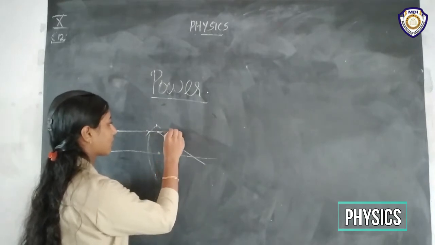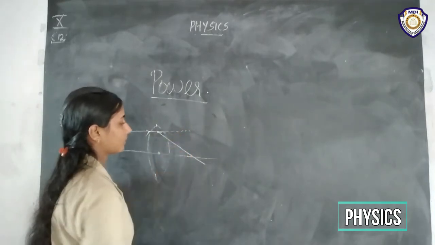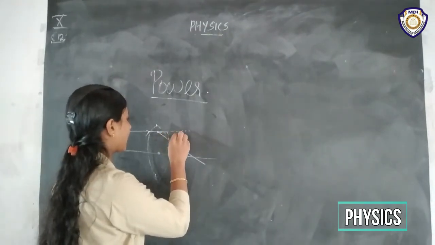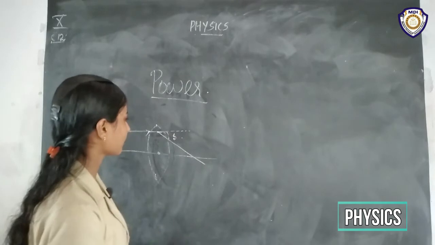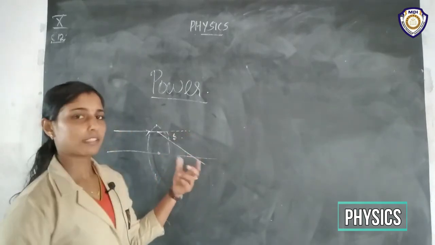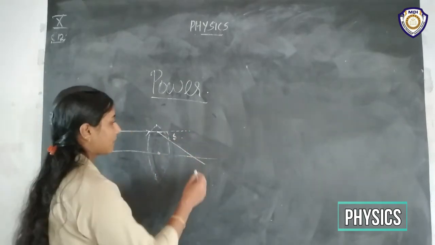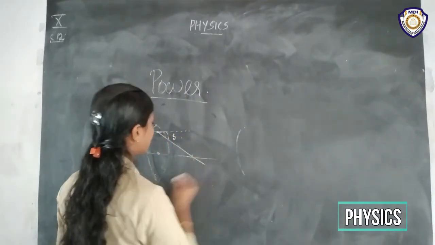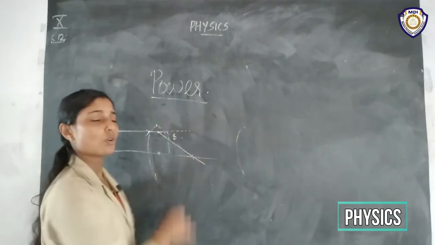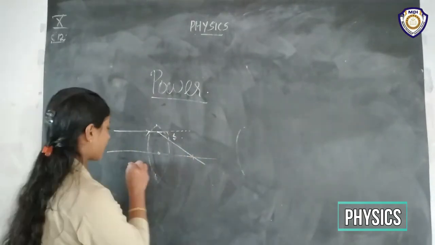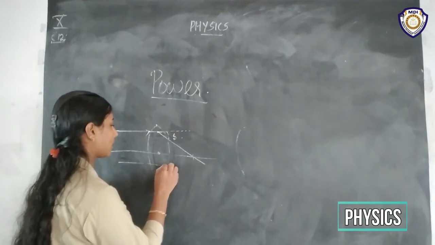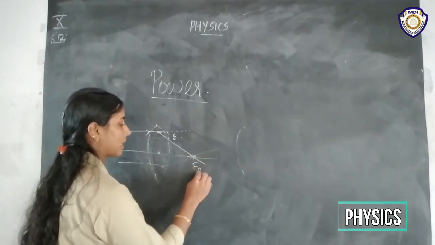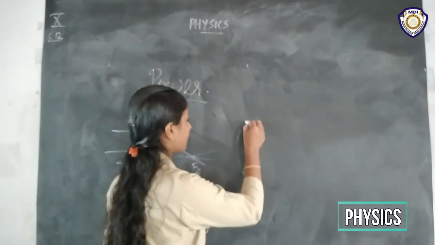And this will be the angle delta, that is, the angle of divergence. And the light ray converges to its principal focus, right? We know all the rays converge to a point, that is its principal focus, F2.